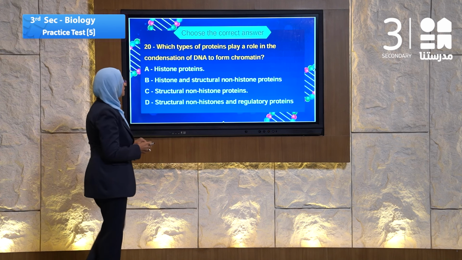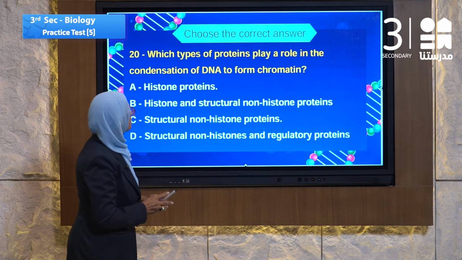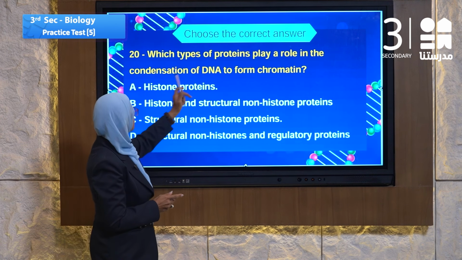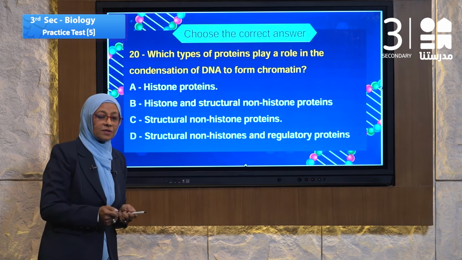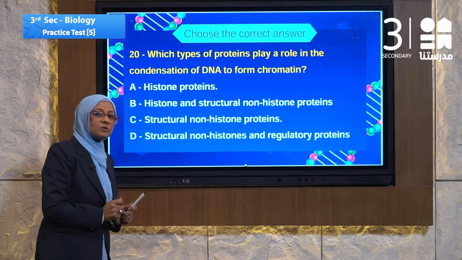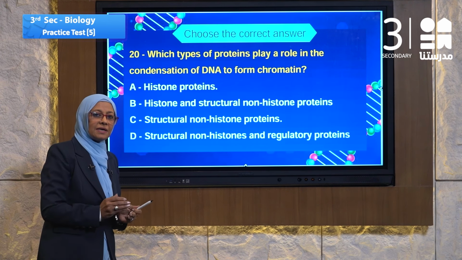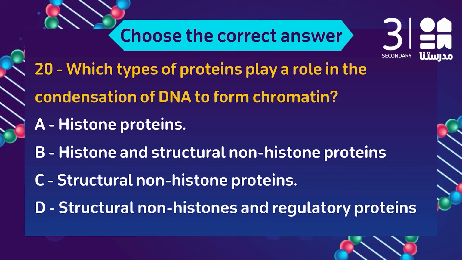Question number 20 speaks about proteins, DNA, chromatin. Let's read the question carefully to decide which one is the answer. Which types of proteins play a role in the condensation of DNA to form chromatin?